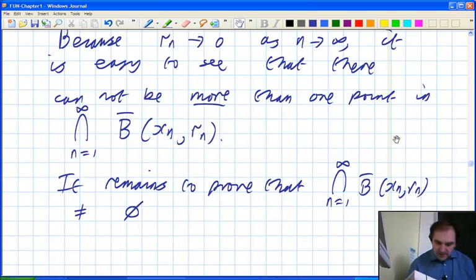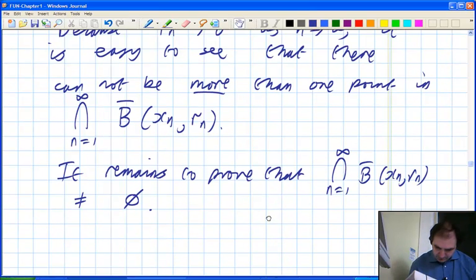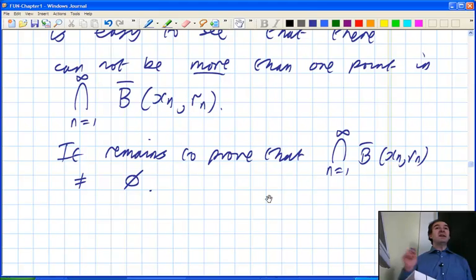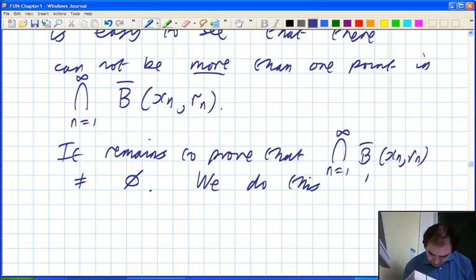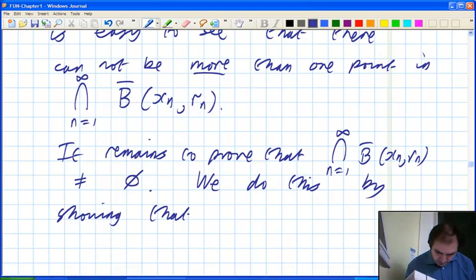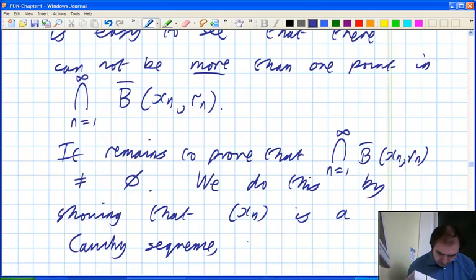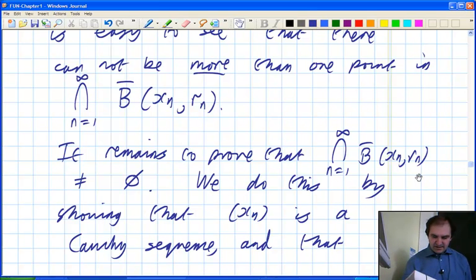Okay, so we'll prove it's not empty, and we'll do that by showing that the sequence xn itself is a Cauchy sequence and that the limit is in the intersection. So it's the same xn, the sequence of centres, will show the Cauchy sequence and that the limit of this sequence is in the intersection.